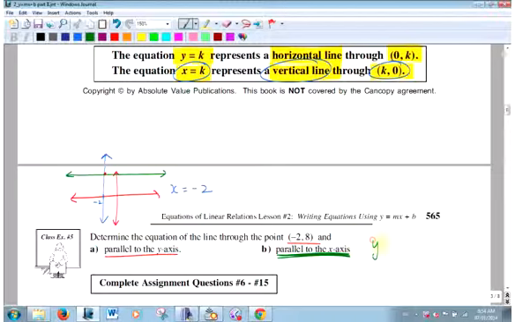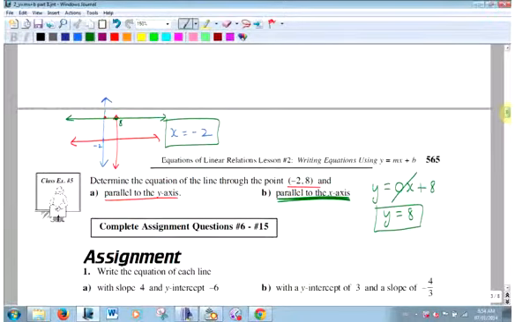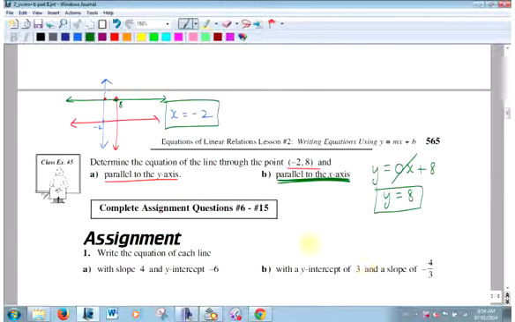Y equals 0x plus, what's the y-intercept here? Yeah, that's -2 and 8, remember? So I don't have to have that. Y is 8. Okay? So those are the two oddballs, a horizontal line and a vertical line, as far as writing equations.